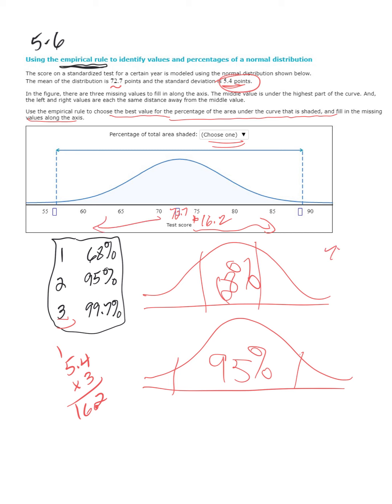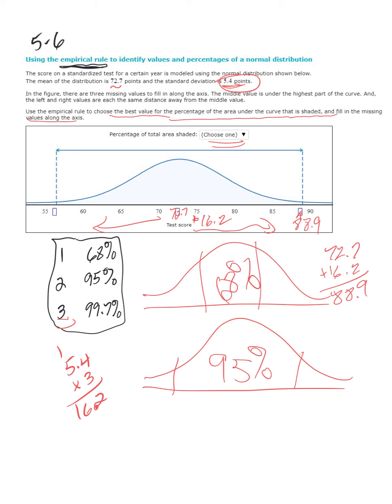So I'll have 72.7 plus 16.2, and that's going to give me this spot right here, 88.9.